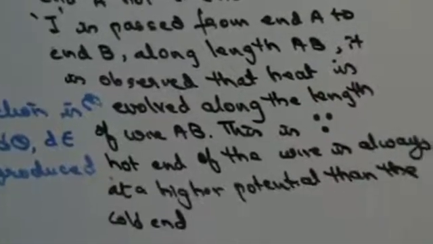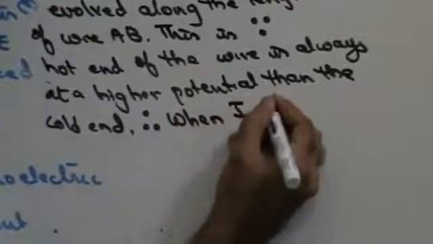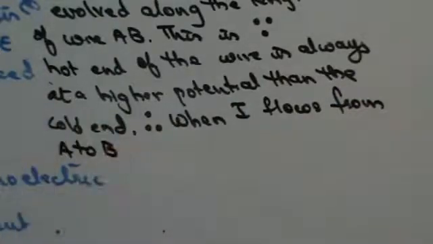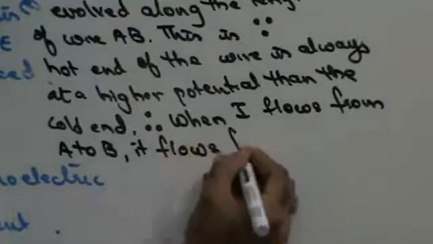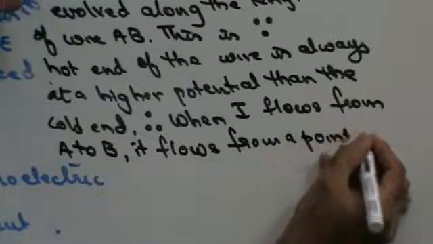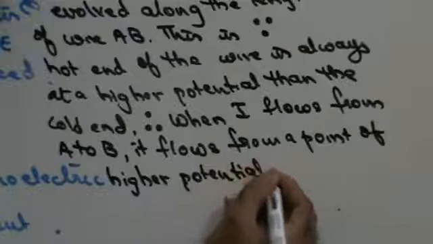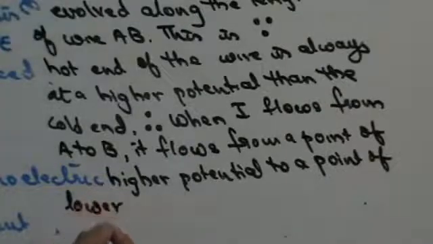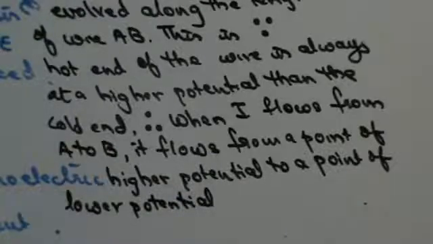Hence, when current flows from end A to end B, it flows from a point of higher potential to a point of lower potential, and hence heat is given out.